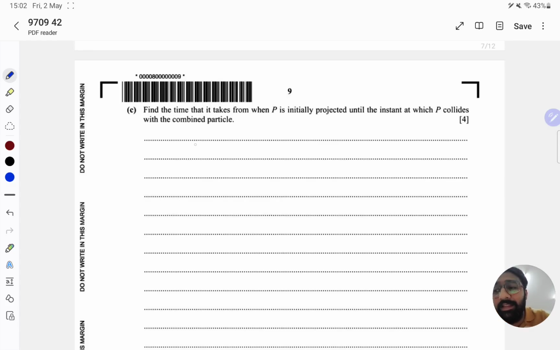So let's calculate the time taken by P to Q, and let me mark it as T.